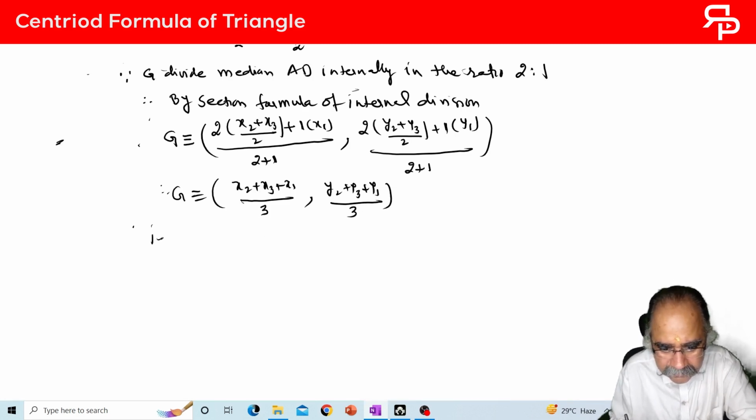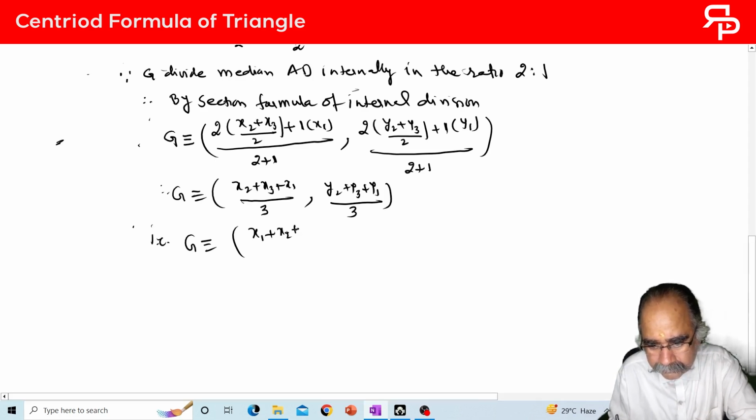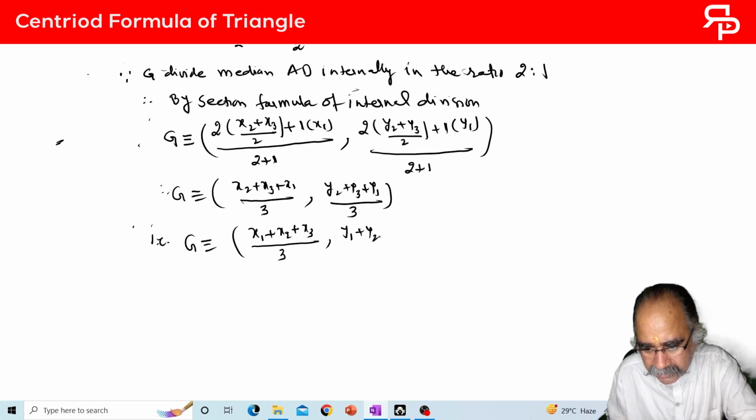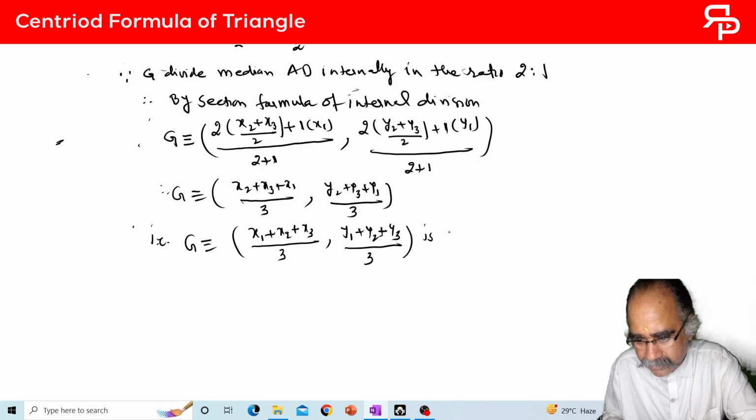That is, G corresponds to x1 plus x2 plus x3 upon 3, y1 plus y2 plus y3 upon 3, is centroid formula of triangle ABC.